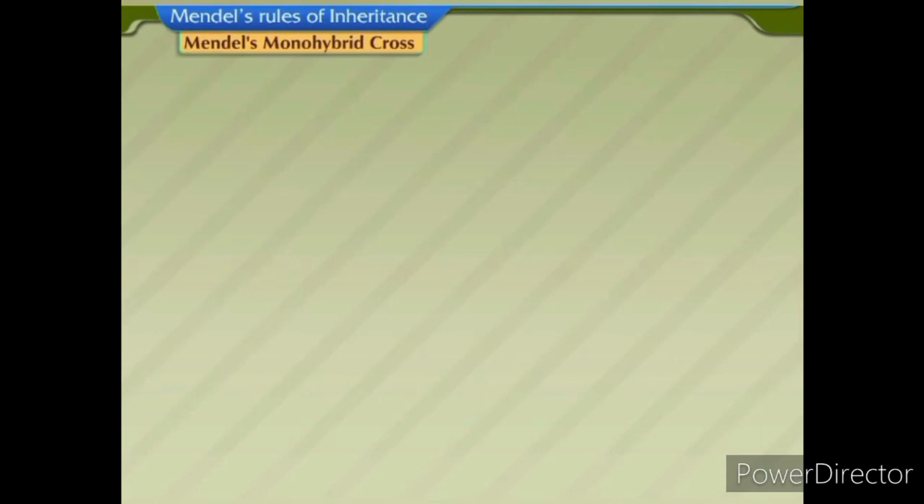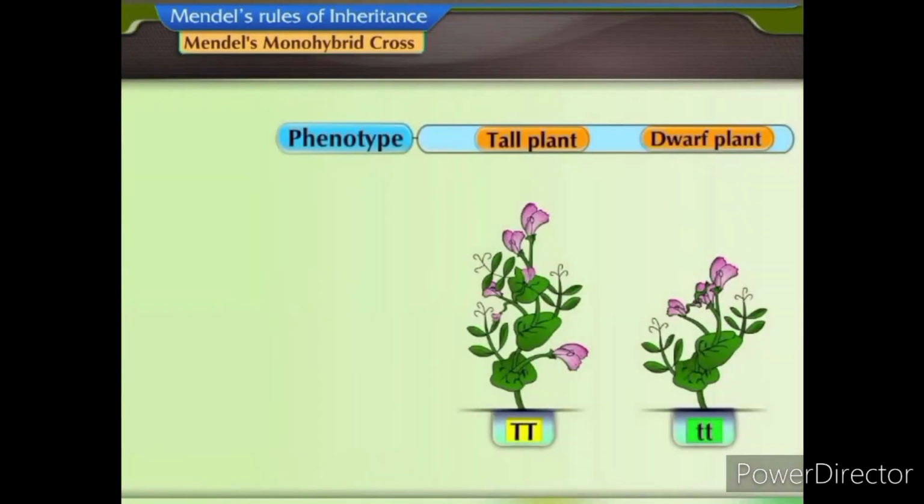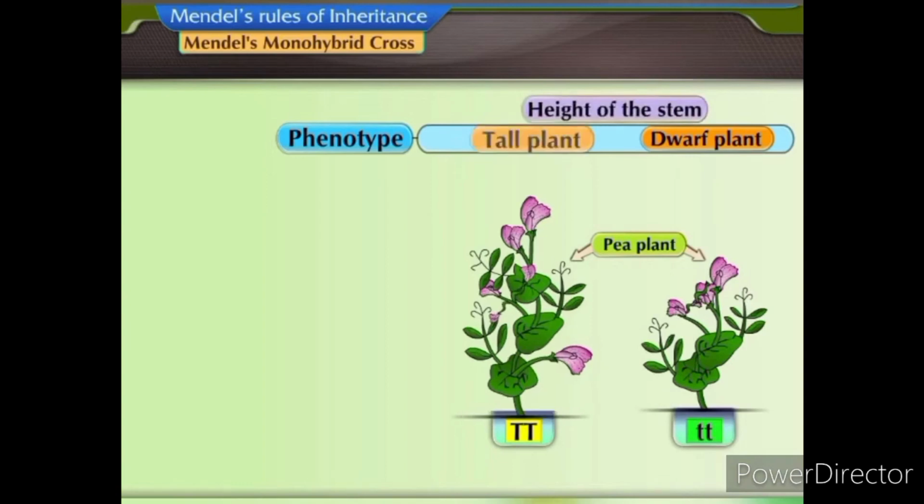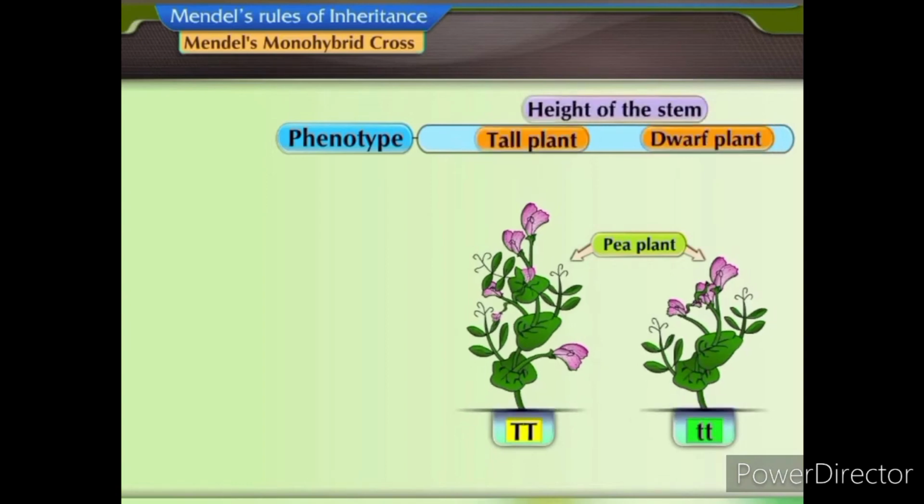Mendel's monohybrid cross. Let us consider pea plants having a pair of contrasting characters with respect to the height of the stem, namely tallness and dwarfness.